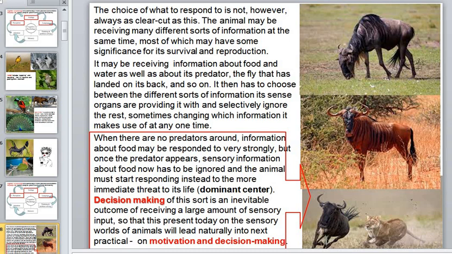For example, it may be receiving information about food and water as well as about its predator, the fly that has landed on its back and so on. If it then has to choose between the different sorts of information, it must selectively ignore some, and sometimes change which information it makes use of at any one time.